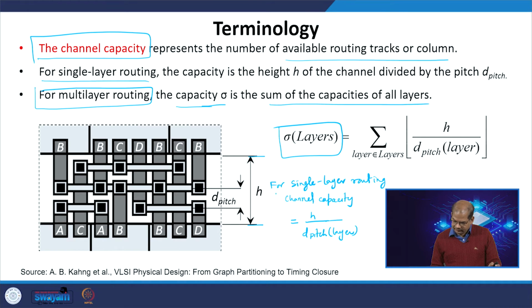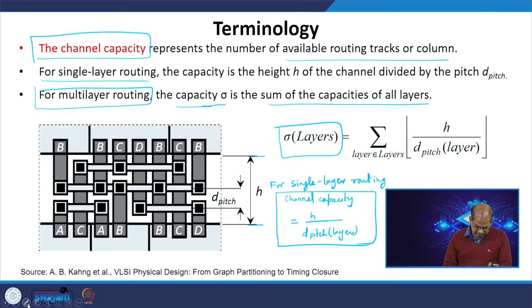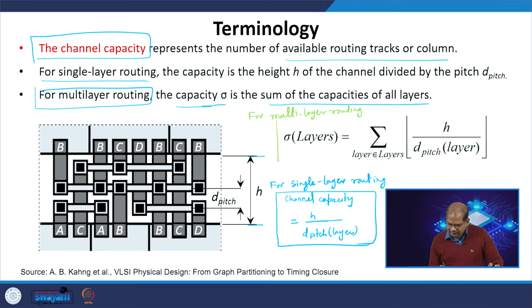This is for multi layer routing, where we find the capacity for each layer and sum up. So, this is the formula.